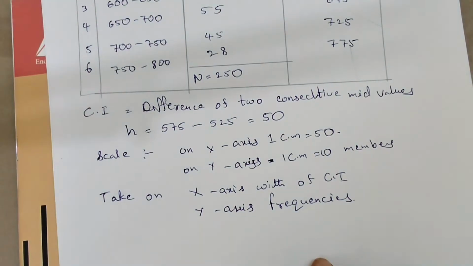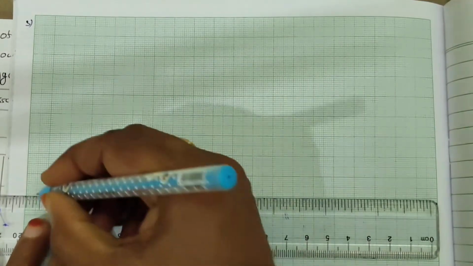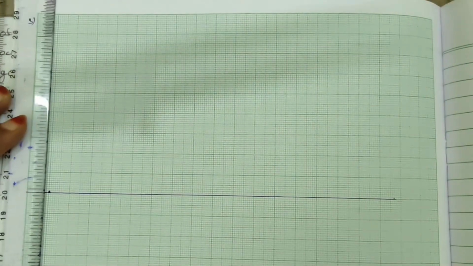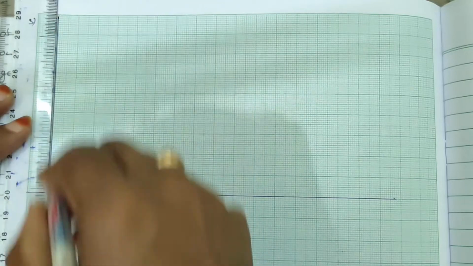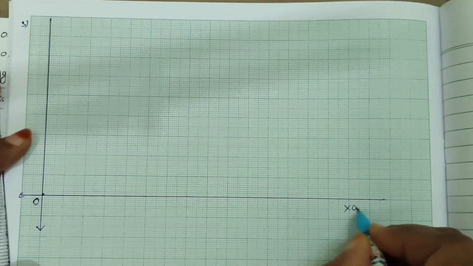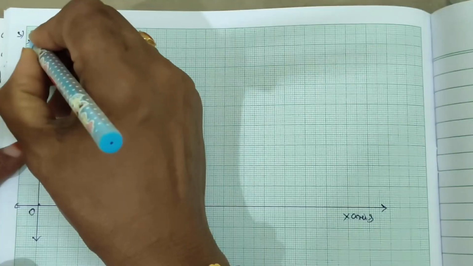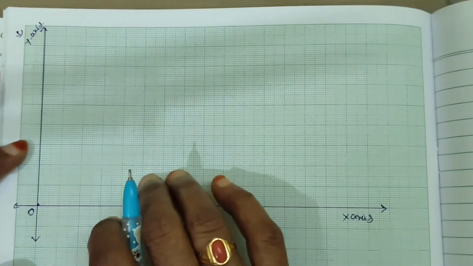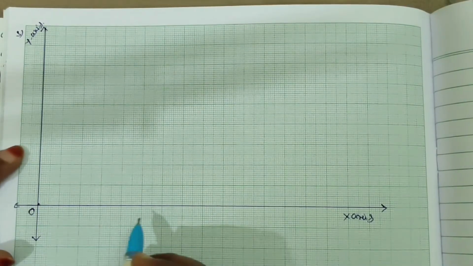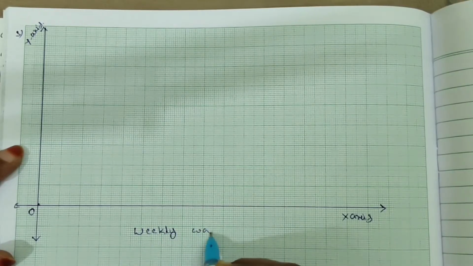So now next we draw the graph. Now this is the graph paper. We draw one horizontal line, that is the x-axis. Next we draw the vertical line. This is the y-axis. Here the intersecting point is origin O. X-axis, y-axis. So now next, on the x-axis, weekly wages.